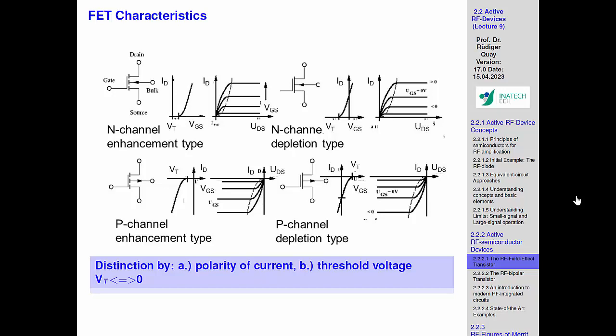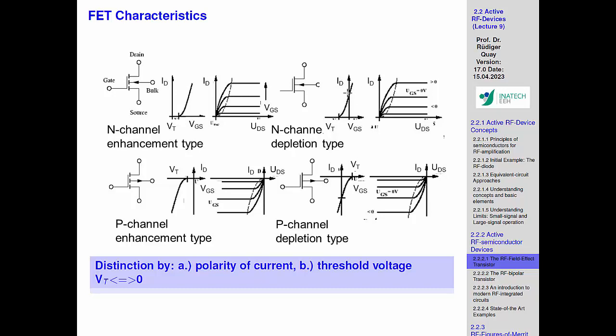Why might this be problematic? For example, if you have an N channel but a depletion type, then you need a voltage just to keep it off, which normally is an additional effort. So that's not so nice. However, most of the good microwave devices are actually depletion types, for physical reasons. Many good devices are N-type, but they are normally on. You can also change the polarity of the current.